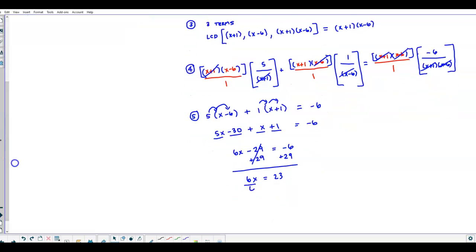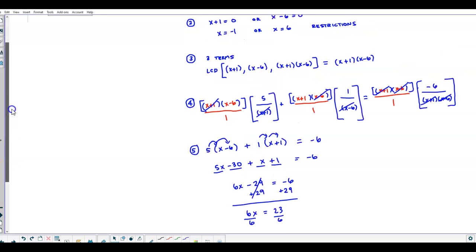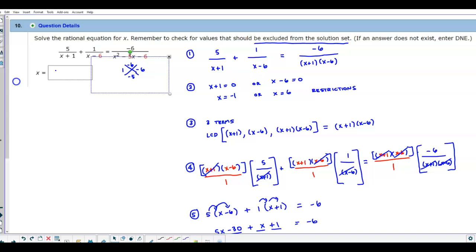And so dividing both sides by 6, we get x, which is equal to 23 over 6. So therefore, the solution is 23 over 6, since it doesn't match any of our restrictions in step number 2.